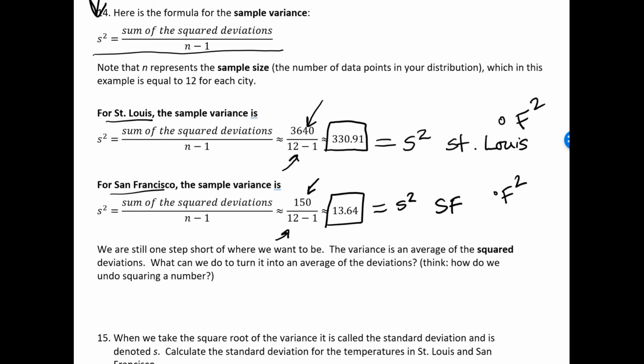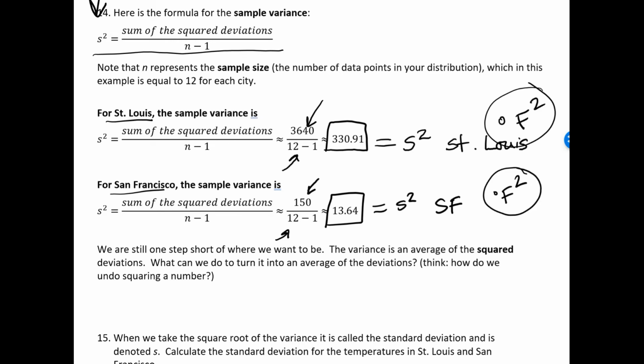So if I tell you the variance for St. Louis is 330.91 squared degrees, how helpful is that in informing you how to pack for the weather for St. Louis? It's not very helpful because what the heck, 330 squared degrees? Well, like what is that in real money, right? So since we've squared all the degrees, we need to undo that.